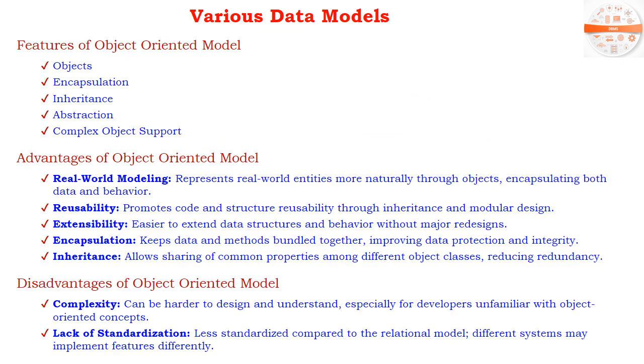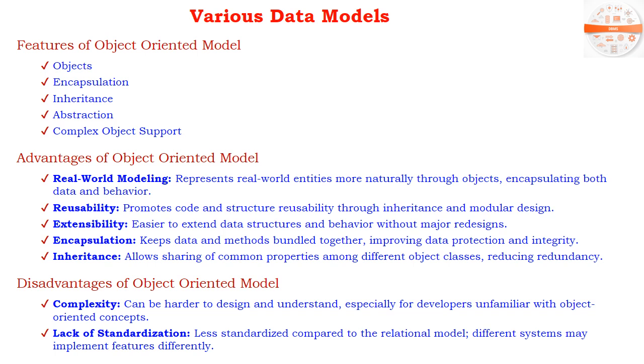What are the features of object-oriented model? Object, encapsulation, inheritance, abstraction, complex object support. What are the advantages of object-oriented model? Real-world modeling. It will represent real-world entities more naturally through objects, encapsulating both data and behavior.